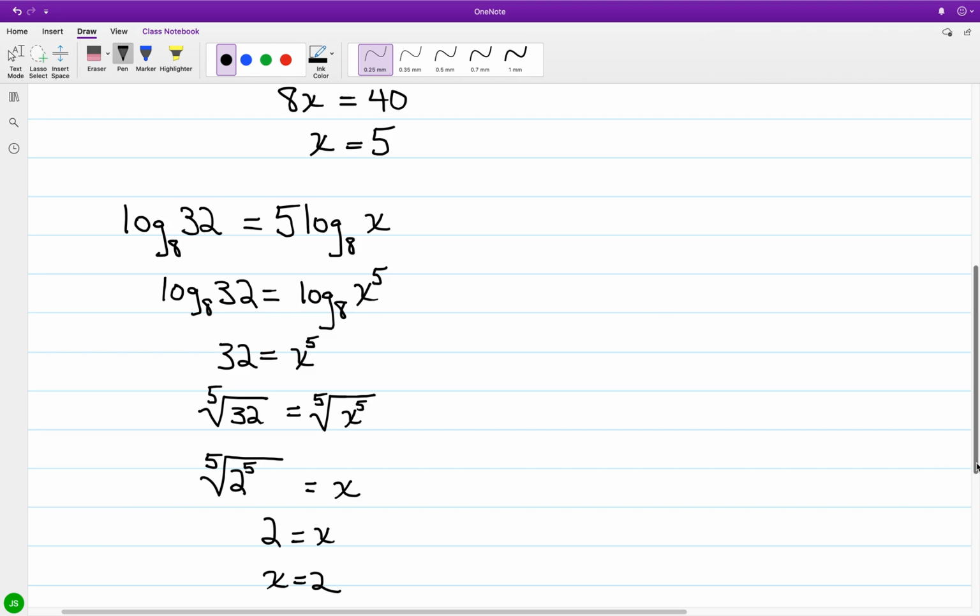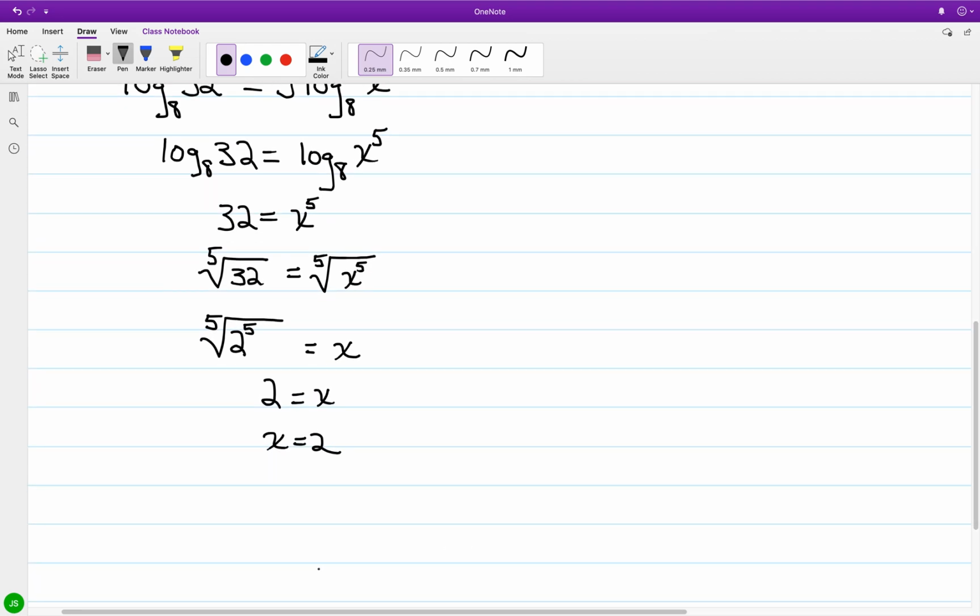Now, for item number 2, it says to use the properties of logarithms to expand the logarithm in base 10 of y to the 8th over z.